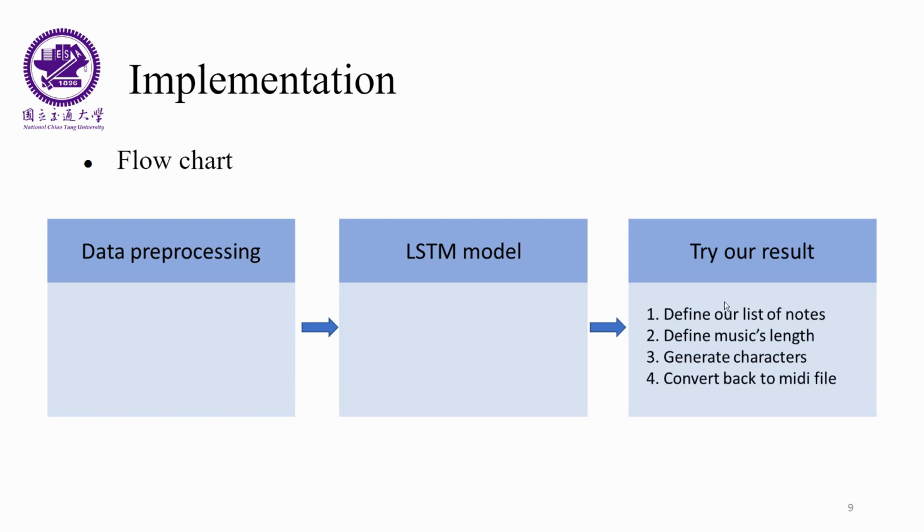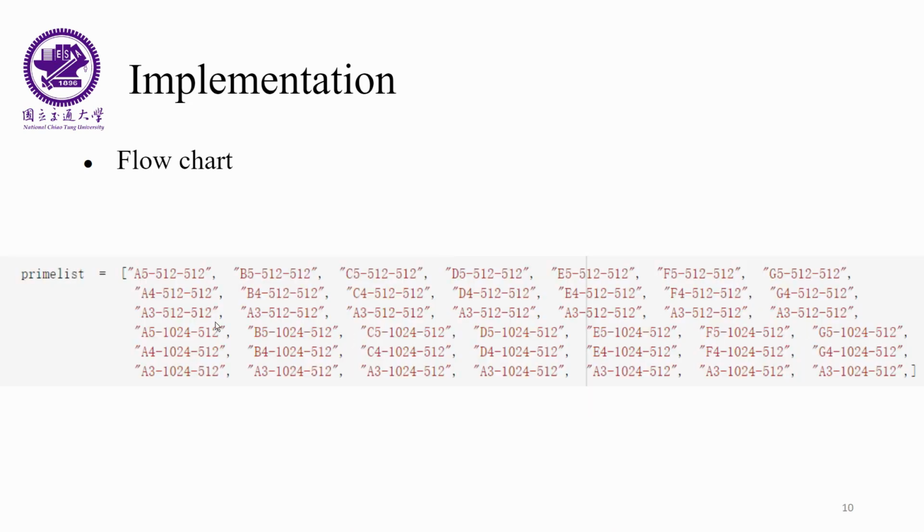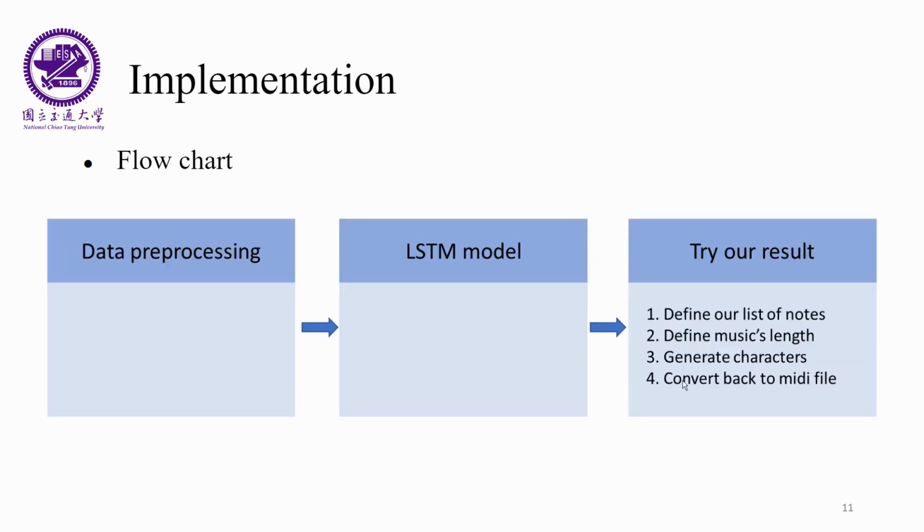Okay, to try our results, we have to define our list of notes, which will be something like this. And we have to define the music's depth so that our model can generate characters with the length that we defined and with the initial notes that we defined before.